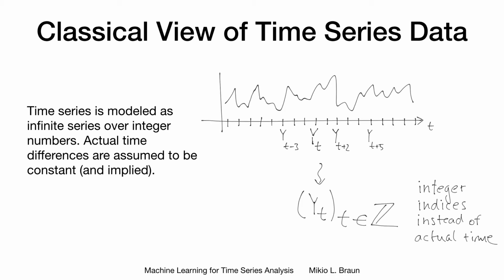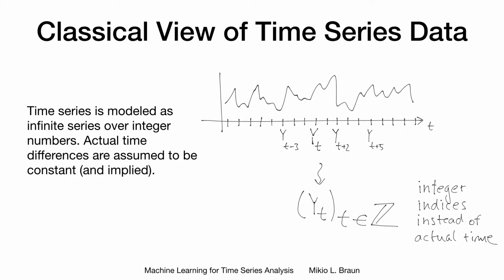All right. So the classical view of a time series is essentially as an infinite series of numbers. Often one assumes that the time points are just integer numbers ranging from -infinity to infinity. In all practical settings, of course, you don't have an infinite amount of data, but for mathematical considerations, it makes it much easier if you think about it like this.